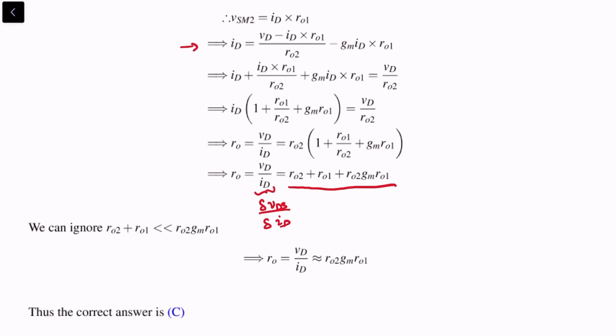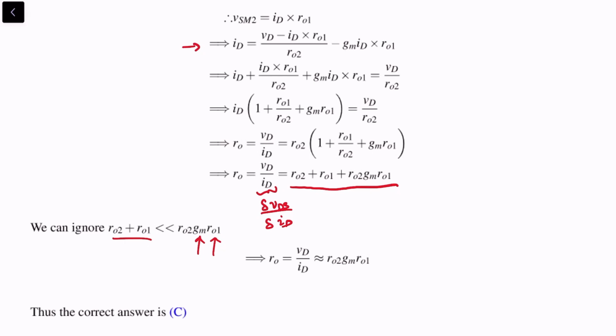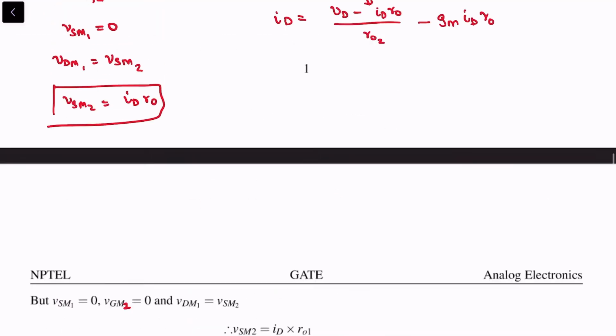Since gm is pretty large, and gm r01 will be even larger, we can ignore the r01 plus r02 with respect to gm r01 r02. So therefore we get that it is approximately equal to gm r01 r02, right? So the correct answer is C.